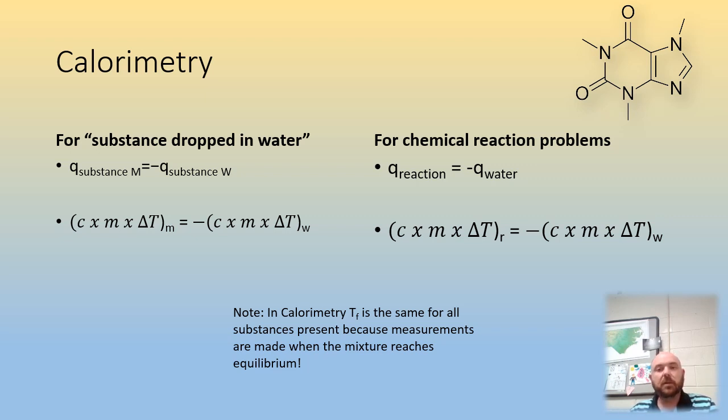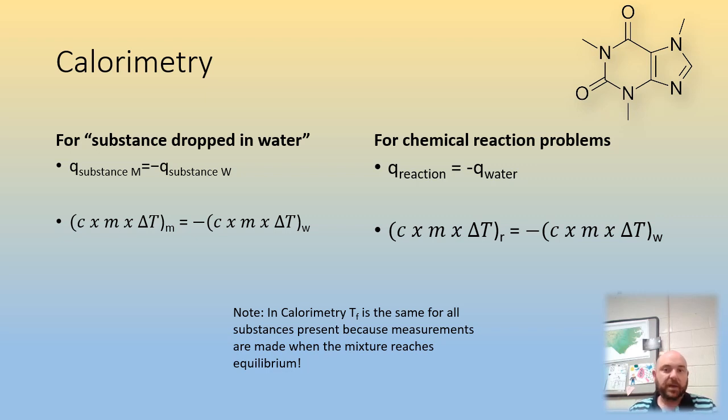The same can be said for chemical reactions that are measured in aqueous solutions. We'll see some problems where we mix two components and a reaction happens, and the amount of energy released by those reactions is absorbed by the water that they're in. And so the energy change of the water is equal to the negative energy change of the reaction, and vice versa, because however much energy that reaction let out was the amount of energy absorbed by the water.